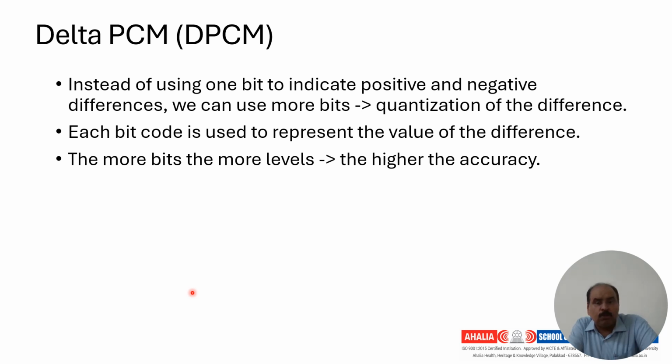Each bit code is used to represent the value of the difference. And this is done only to improve the accuracy, by converting that one bit into a symbol which has more bits.